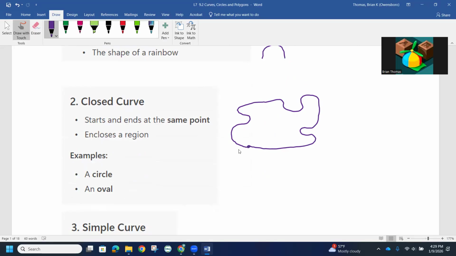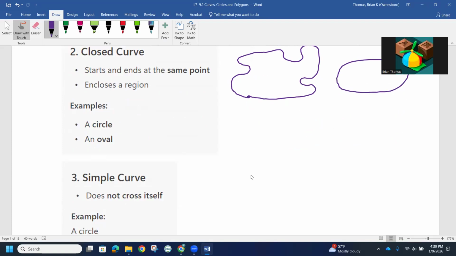Or like NASCAR, you just have a simple oval loop. You go around and around and around, just all left turns. So a closed curve encloses a region. It could be like a circle or oval, or something a little bit more involved, like getting back to the same point on a road.